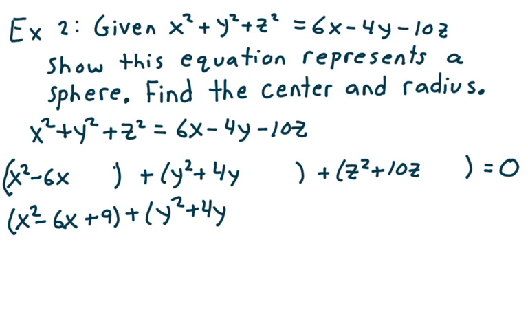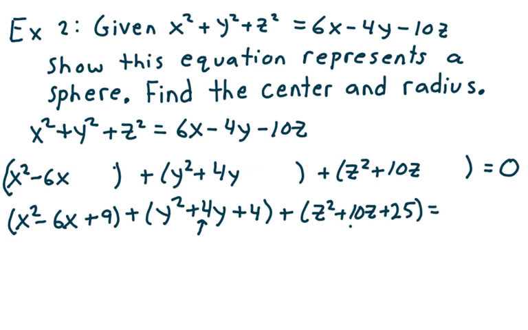And the answer is I need to add 4, because half of 4 is 2, and 2 squared is 4. So I'm going to add 4 here. Plus z squared plus 10z. And then remember, half of 10 is 5. 5 squared is 25. So I added 25 to get yet another perfect square.